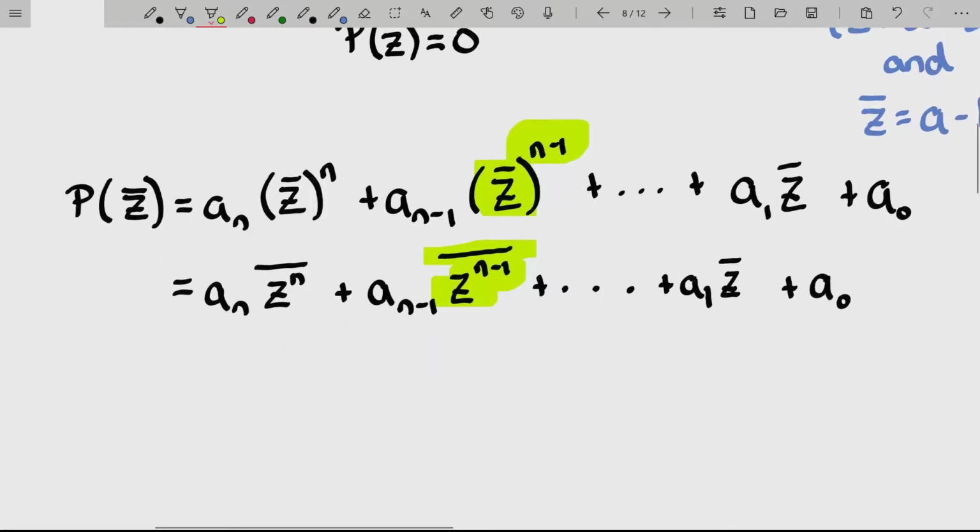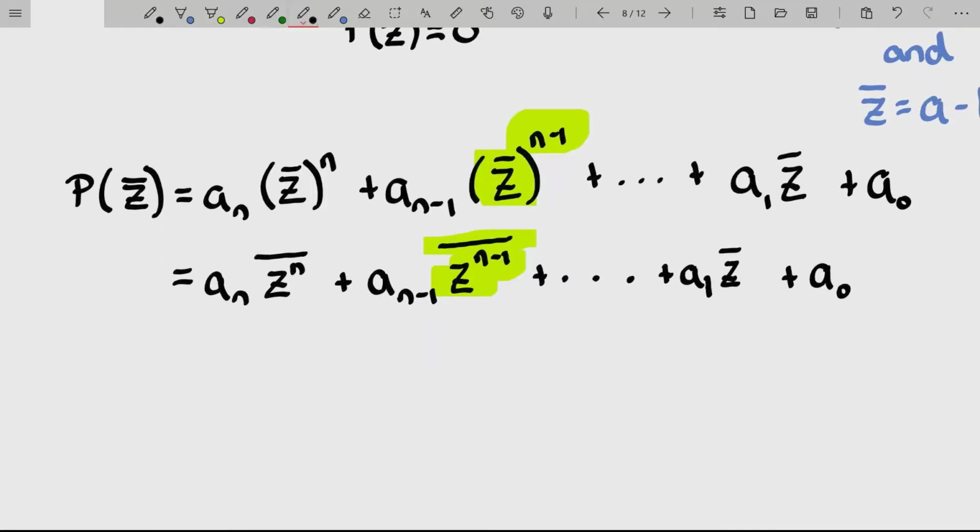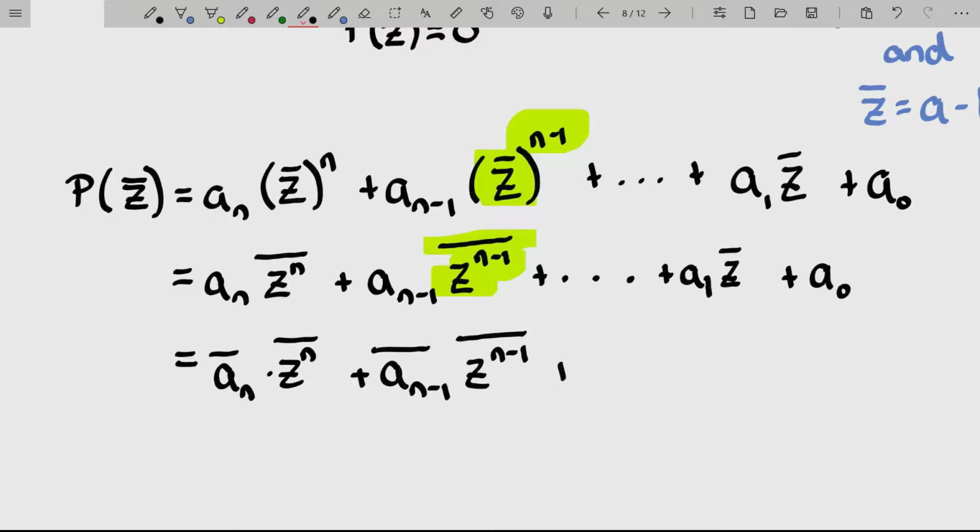So very small move, but super important, because now I'm going to do something that is somewhat not so obvious. This is the same thing as a sub n bar times z to the n, bar, plus a sub n minus 1, again bar, z to the n minus 1, again bar, plus dot dot dot all the way down the line until you get to a1 bar, z bar, plus a naught bar.